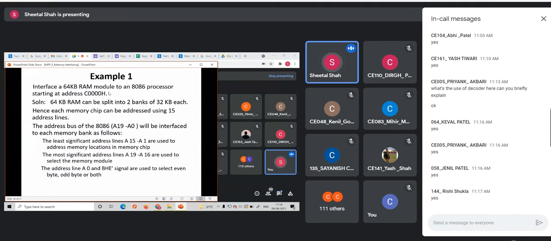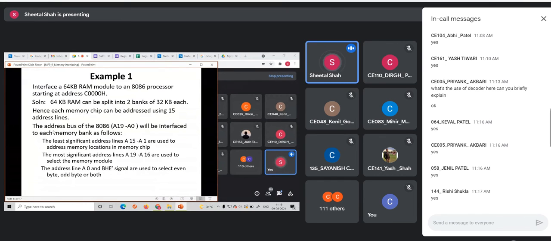Since we want a capacity of 64 kilobyte, and as we know that it should be divided into two banks, 32 kilobyte should be meant for the even bank. The remaining 32 kilobyte should be meant for the odd bank. So this 64 kilobyte should be split into two banks. One of them is the even bank. The other one is the odd bank.